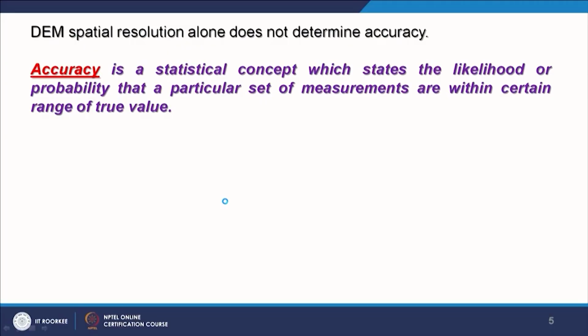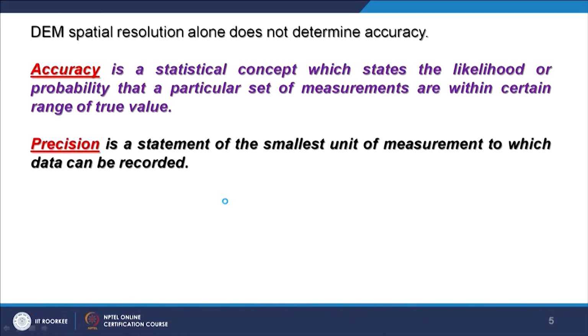Now, DEM spatial resolution alone does not determine the accuracy. This is a very important part, and many people get confused. Sometimes they use these two terms, accuracy and precision, synonymously, but they are completely different terms. Accuracy is a statistical concept, which states the likelihood or probability that a particular set of measurements is within a certain range of the true value.